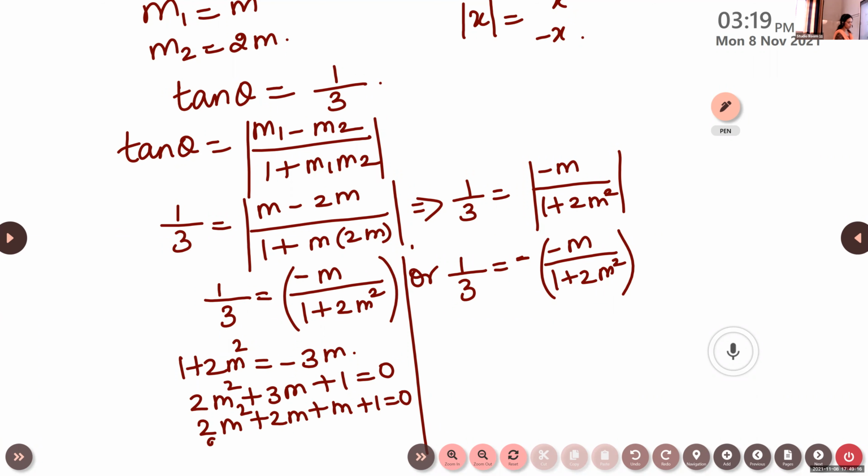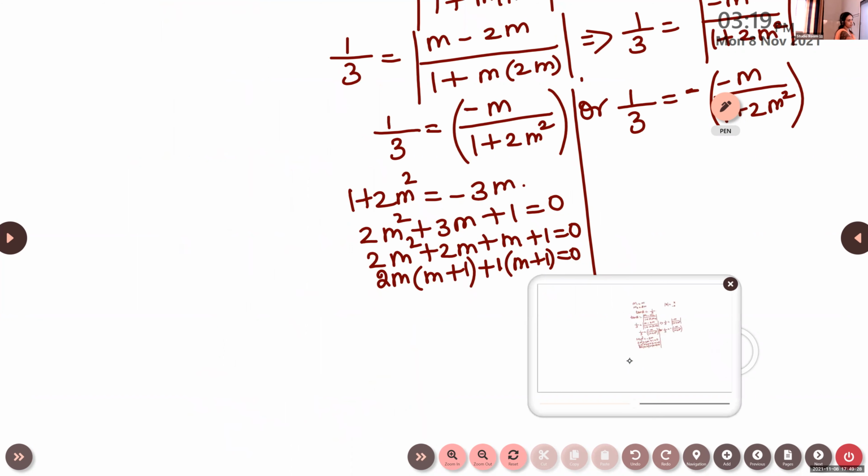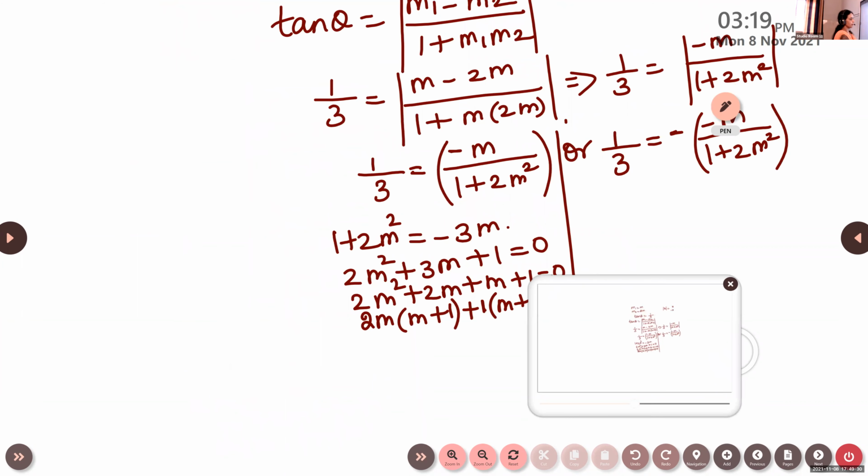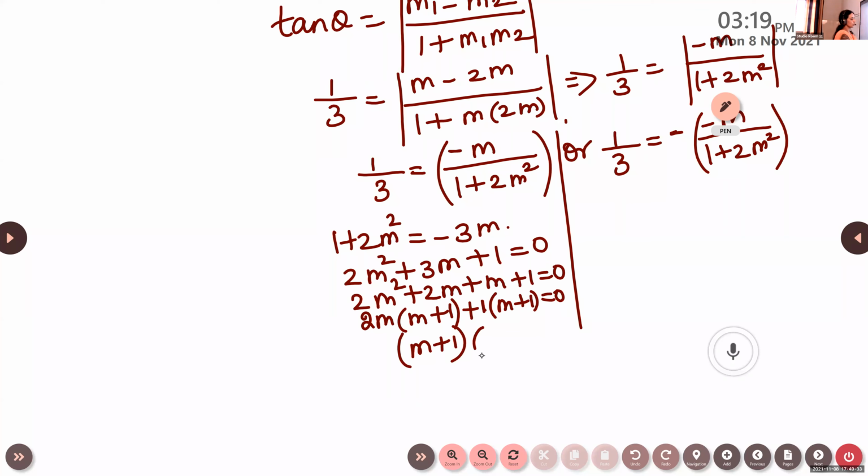From the first two terms we can take 2m outside: 2m into m plus 1, plus, taking 1 outside, m plus 1 is 0. So we get m plus 1 into 2m plus 1 is 0. So m is equal to minus 1 or m is equal to minus 1 by 2.